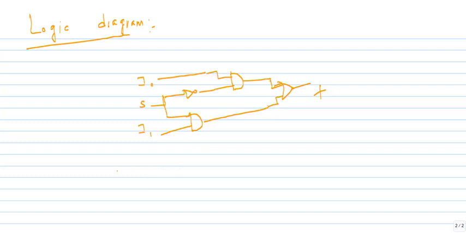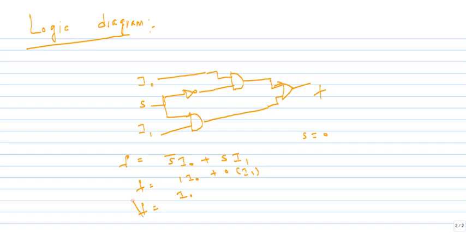So let us see how F is equal to S bar into I naught plus S into I1. So when S is equal to 0, what happens? If S is equal to 0, then F is equal to S bar, which is 1, into I naught, plus 0 into I1. Therefore F is equal to I naught only.